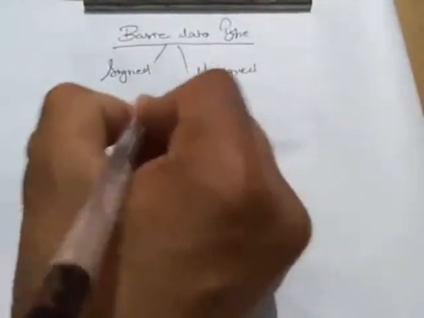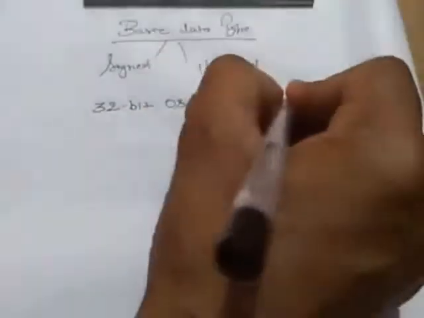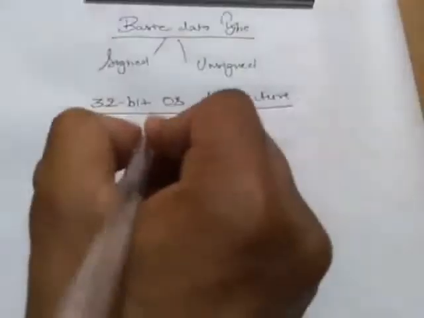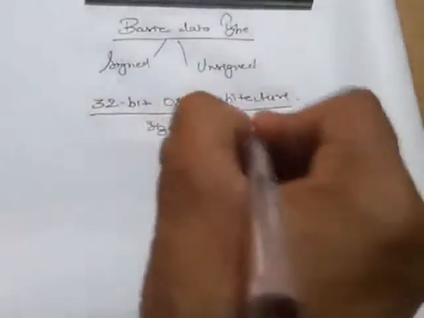Now, here I am providing you the 32-bit operating system architecture size of data types.